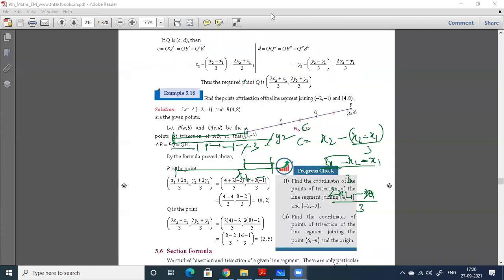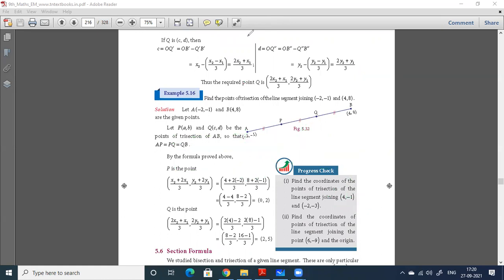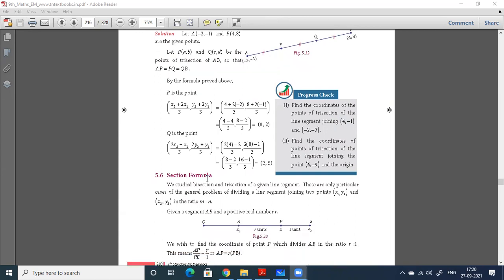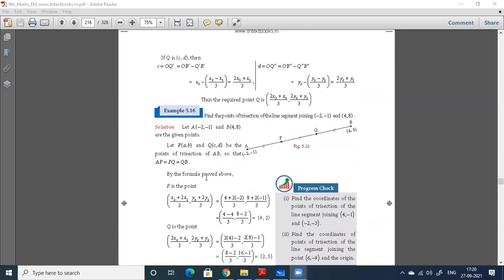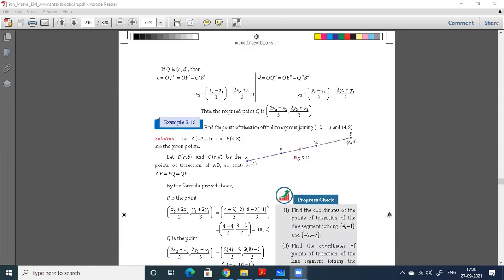So C is equal to OQ dash, that is x2 minus (x2 minus x1) by 3, so 3x2 minus x2, and minus into minus becomes plus x1.